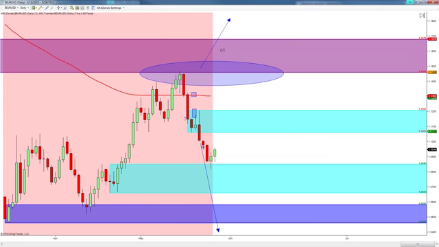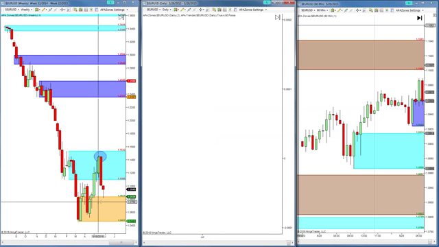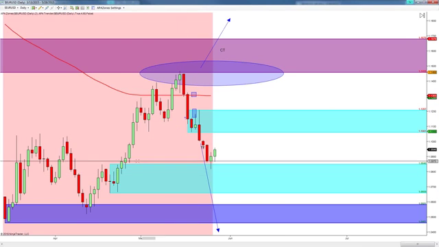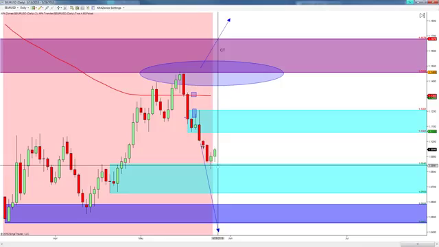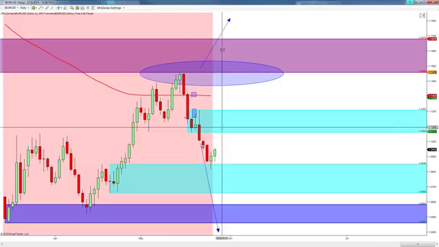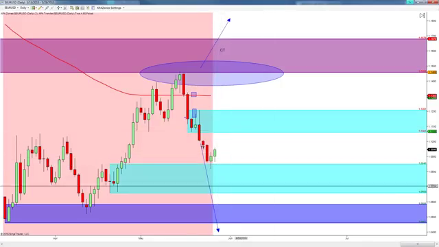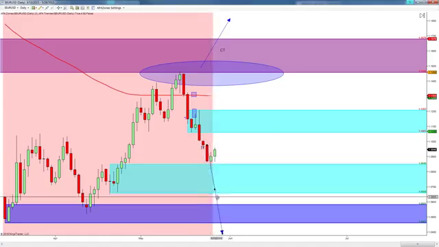All right, so we are retesting the weekly zone, and on the daily chart, we're retesting this fresh and new aqua zone. So is price going to bounce up here? It very well could before it follows the trend to the downside.